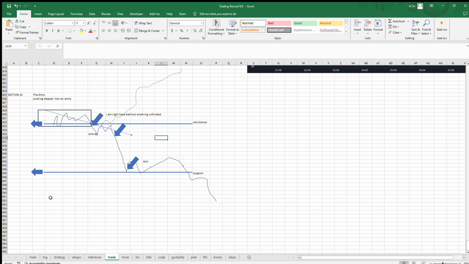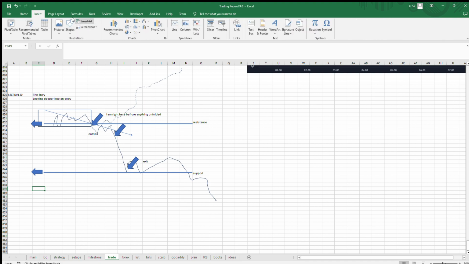Now I've been thinking about doing two things when I enter this trade. Initially, to get the ball rolling, I know that from here to here, I could be looking for two ways of making the trade. The first is after I enter, I'm looking for this one right there.